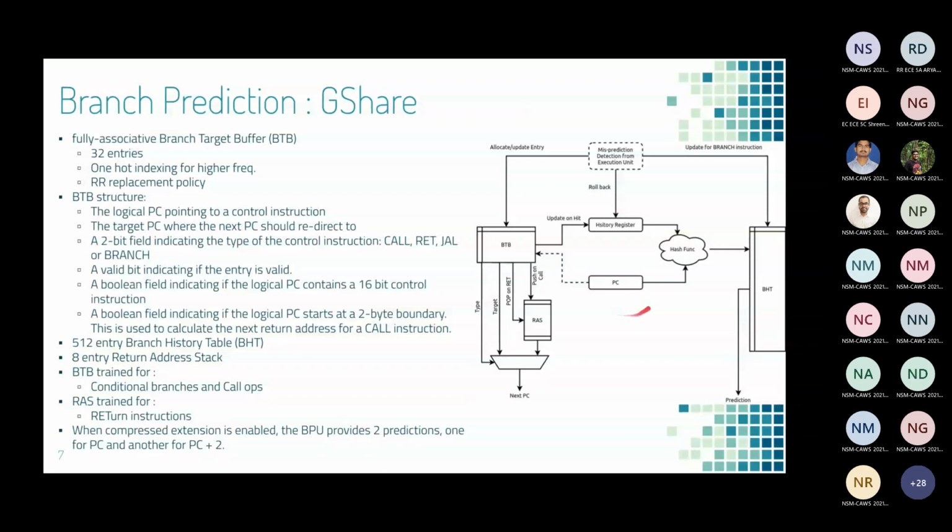the lower 8 bits of the PC can be the same for multiple PCs. Right? If there are 2 PCs which only differ in the upper 20 bits, if they're both branches, they will both have the same lower 8 bits, correct? So in order for those 2 PCs to index into different places, we have a hash function.